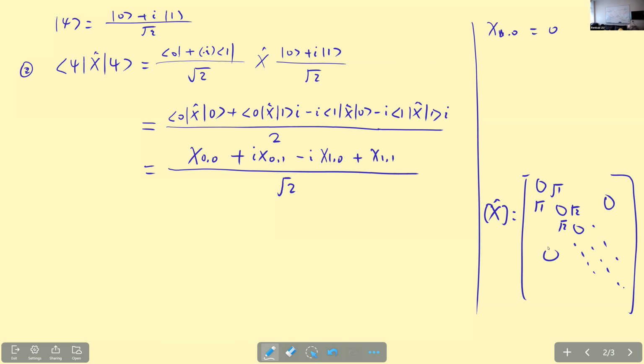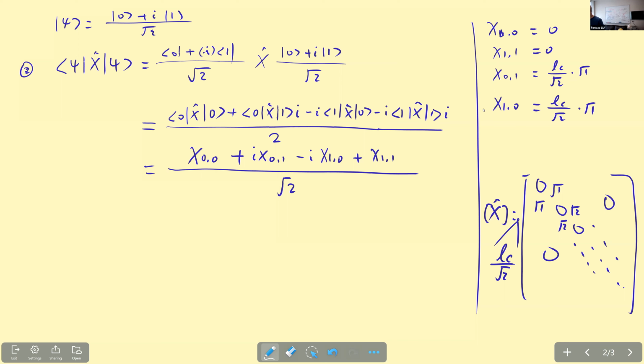And all the others are 0, all multiplied by L over square root of 2, right? And similarly, x11 is 0, the diagonal terms are 0. And x10 equals L over square root of 2 times square root of 1, okay?